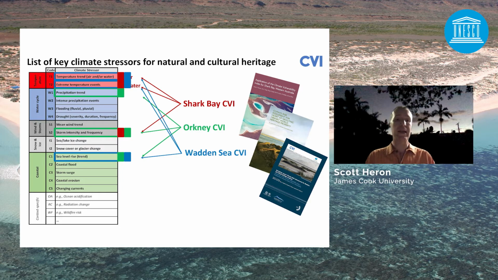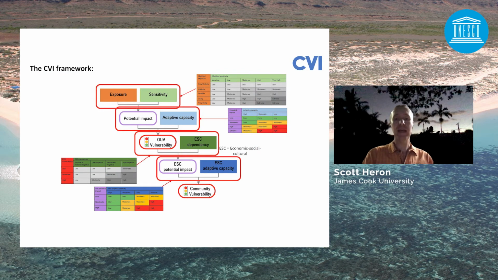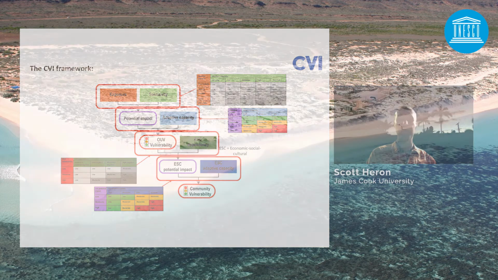For the Wadden Sea application, it was again the 2 temperature stressors, the long-term and short-term, as well as sea level rise. This framework, as we began with the different risk matrix approaches, comes through to assess our OUV vulnerability and our community vulnerability.